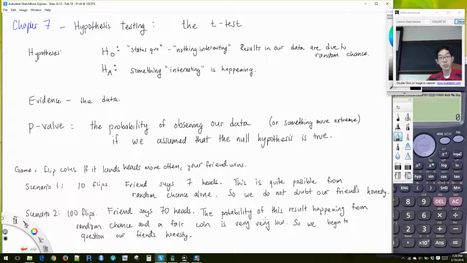Now, it is possible, in either situation. Neither situation proves that he is for sure playing fairly. Like in scenario 1, we don't doubt our friend's honesty, but he could also be lying to us. It's just that 7 out of 10 is not enough to trigger some flags. On the other hand, getting 70 heads out of 100 causes us to doubt our friend's honesty, but technically it's possible that he just happened to get that lucky.